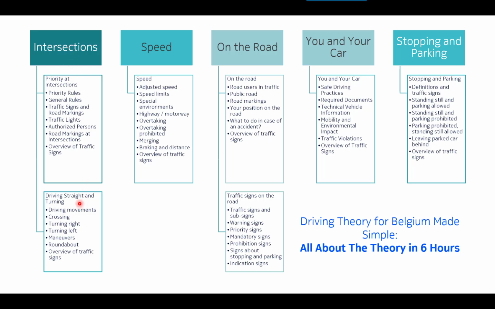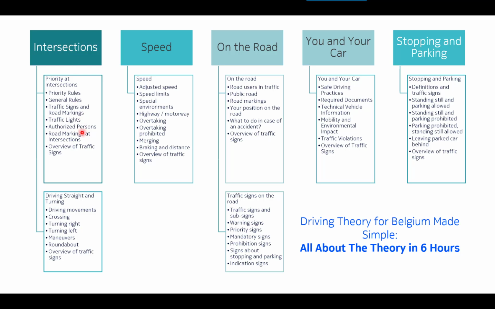Here we will talk about driving movements, crossing, turning right, turning left, what you should take care of, who has priority, how do you turn right, left, maneuvers, how do you enter a roundabout, how do you exit a roundabout, and then we will talk about the overview of the traffic signs related to all these maneuvers.